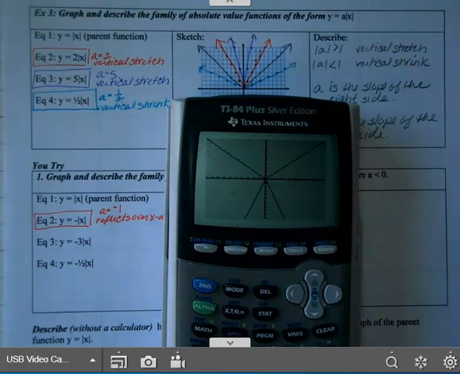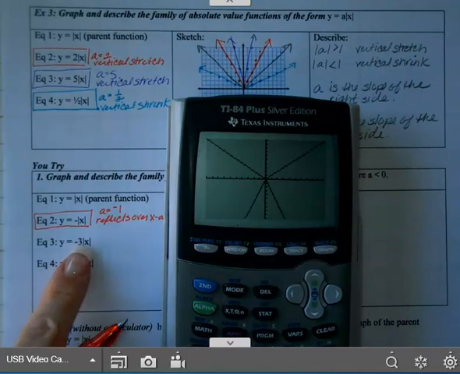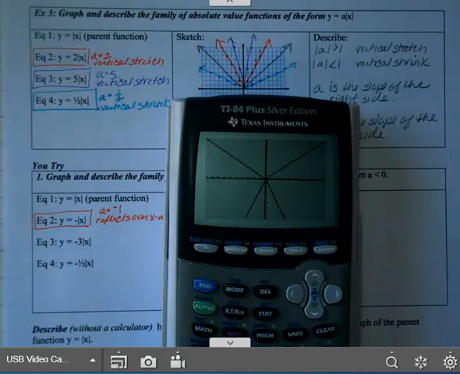Okay, this changed shape, and it also reflected over the x-axis. And it is a vertical stretch. So that's when I said up above that you need to take the absolute value of a. So the absolute value of -3 is 3, which is bigger than 1. So this is a vertical stretch, and it reflected over the x-axis.